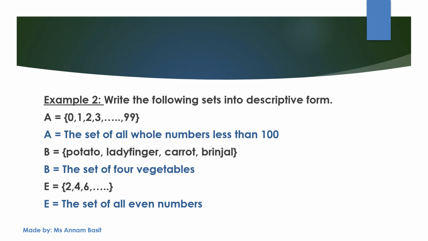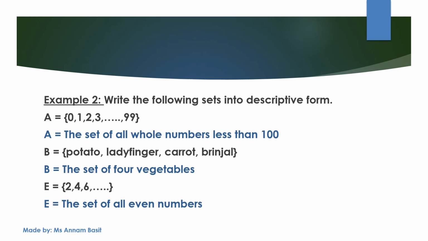Why have I written all even numbers? Because it's going on and on and on, and there are lots of numbers, and there's no limit to it. It's an infinite set. I'm going to discuss it in lecture 2, in part 2 of this video. I will upload it next week.